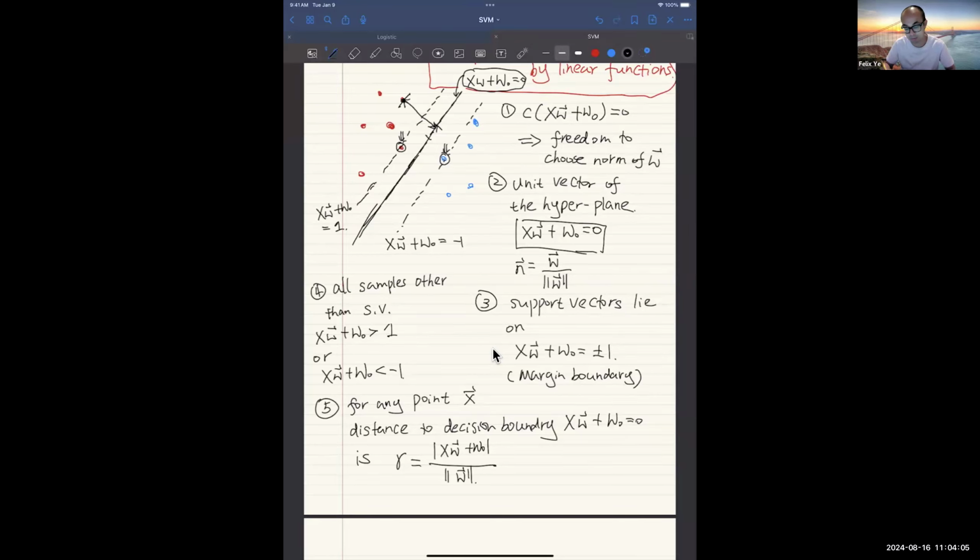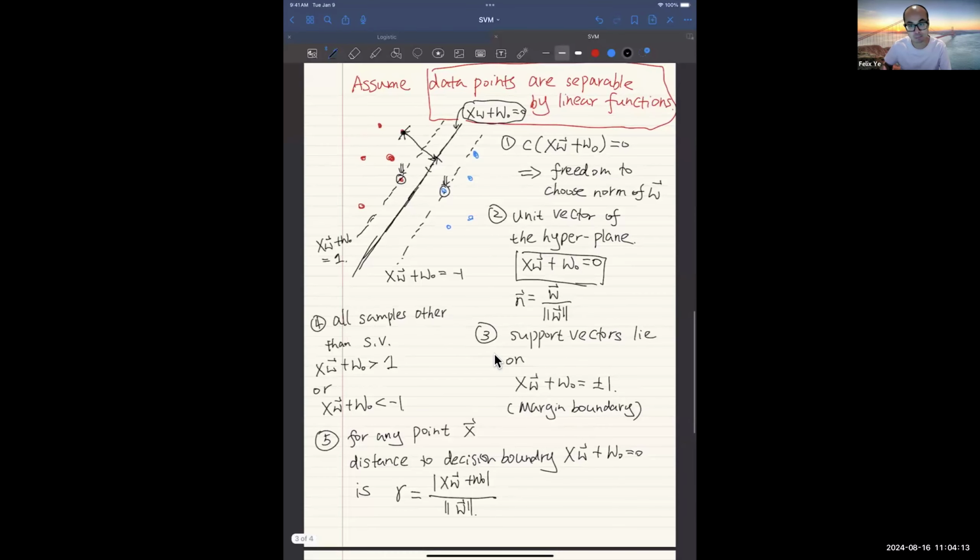Okay, so this is how you calculate it right here. And the key here is that we assume everything is on the support vectors. It's +1 and -1 right here, right? So this is where the support vector is sitting.